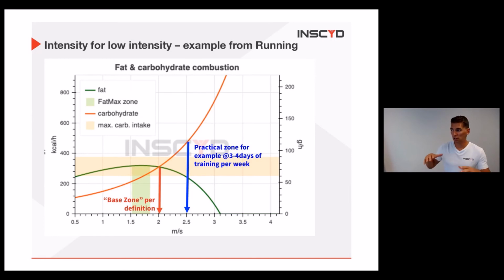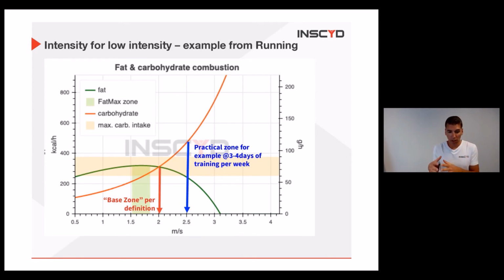Base training zone, if you look into the textbooks, is somewhere happening at a lactate concentration of 1.5, maximum 2, right? So per definition, if you look at the lactate concentration, you can see this is the crossing point where fat combustion, in this case, matches carbohydrate combustion. So this is per definition the base zone, 2 meters per second, 8 minutes 20 per kilometer.